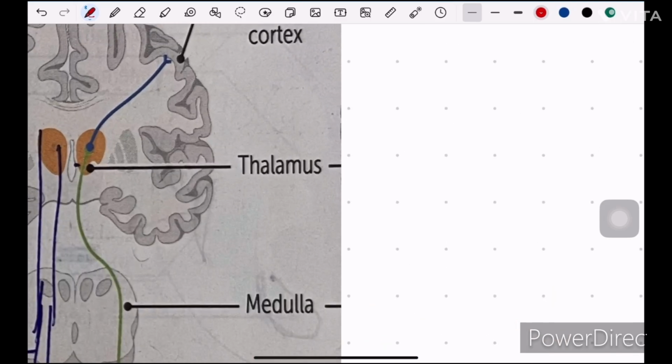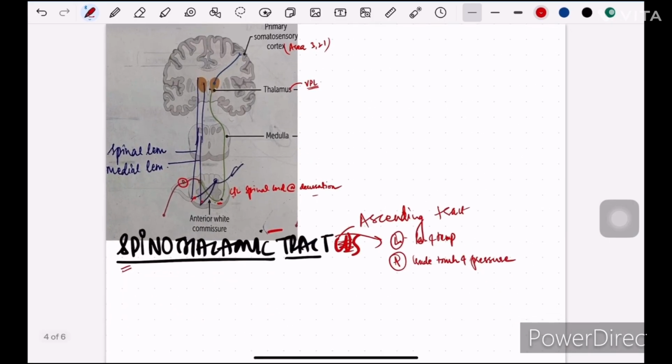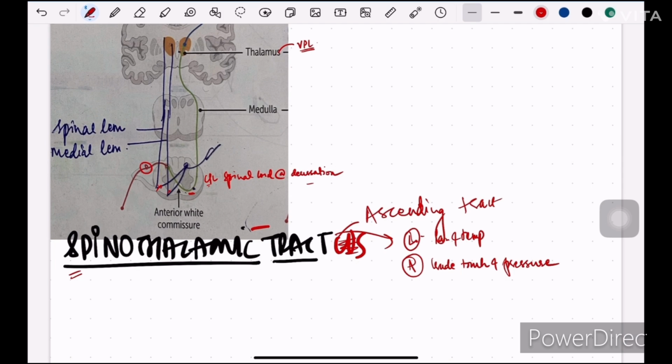Again it reaches which nucleus of the thalamus? VPL, the ventroposterolateral nucleus of the thalamus, and then goes to the primary somatosensory cortex, which is area number 3, 2 and 1. That's it. And also remember the spinothalamic tract, the lateral one, is for pain and temperature.